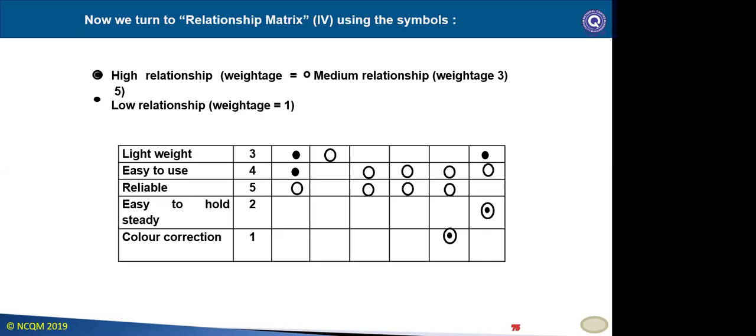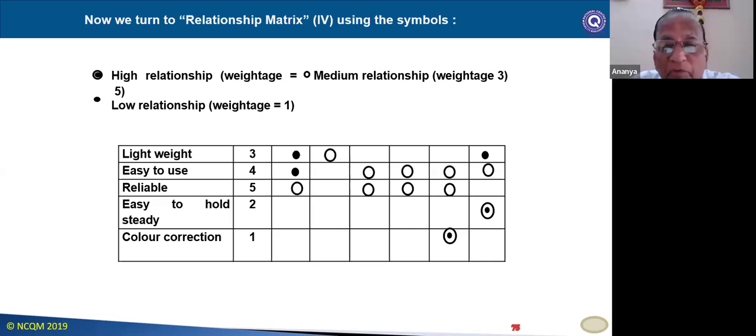We are trying to relate these requirements to how we are going to meet them, and how these two things are related. Is there a high relationship, medium relationship, or low relationship? Any example here of a high relationship?